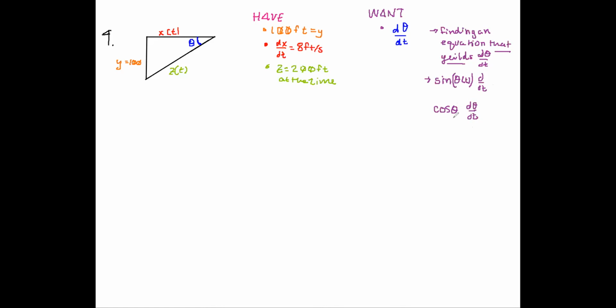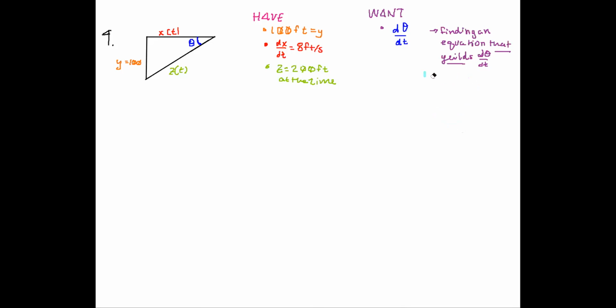We could call this A, so this would be dA d theta times d theta dt. So that's what I'm going to use to get d theta dt.